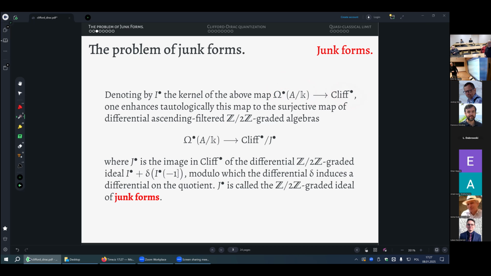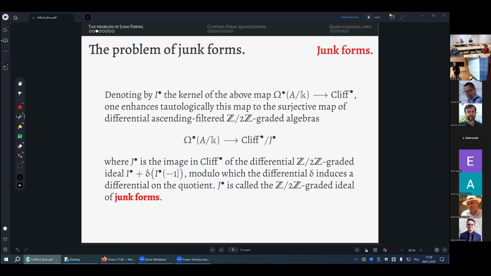How can we produce some tautological obstruction? Take some element here whose image is 0 in the Clifford algebra, and then try to compute its differential here. If this was a differential graded algebra map, then this differential would go to some kind of differential applied to the image of this element itself.